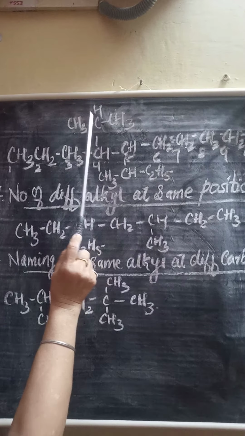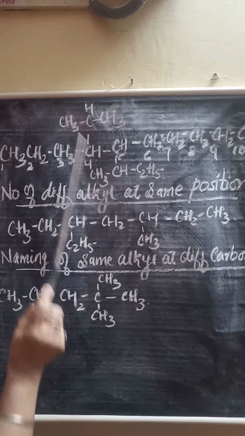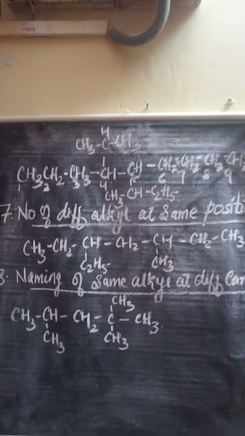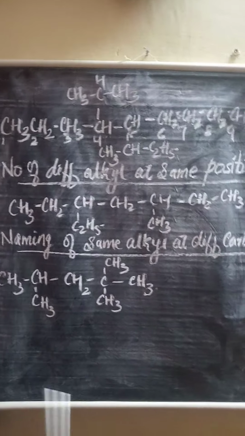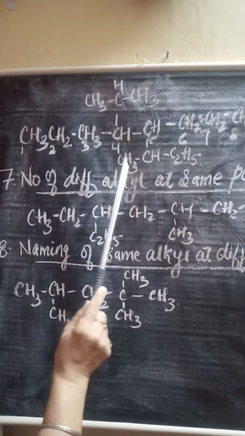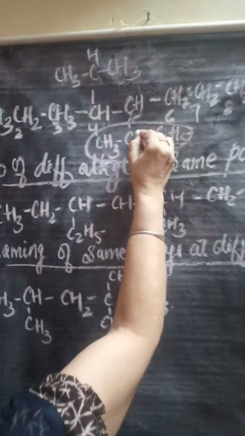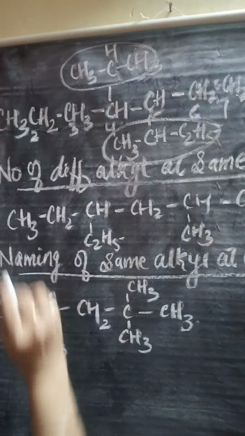So the secondary word or iso word will also be attached to the compound along with the alphabetical term that we are using. So the name of this compound will be, you see, the 2 alkyl groups attached here. This is attached to the 5th carbon. This is attached to the 4th carbon.